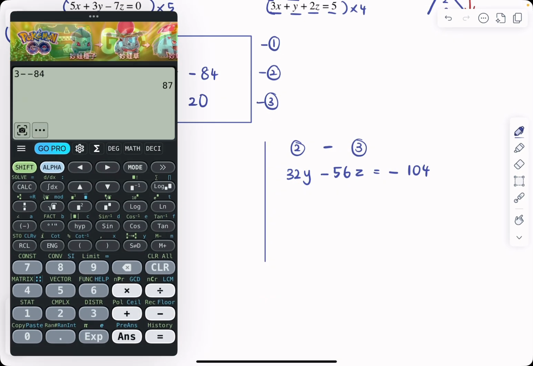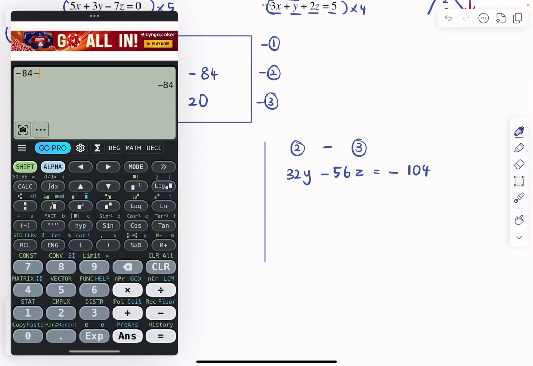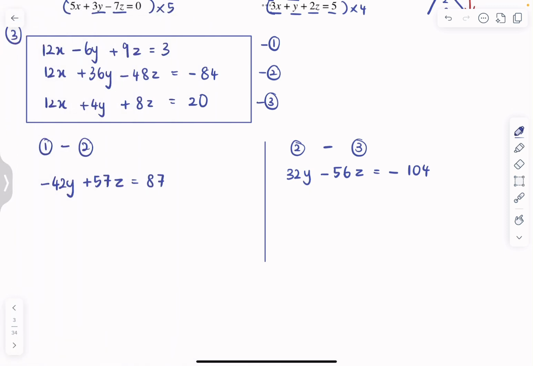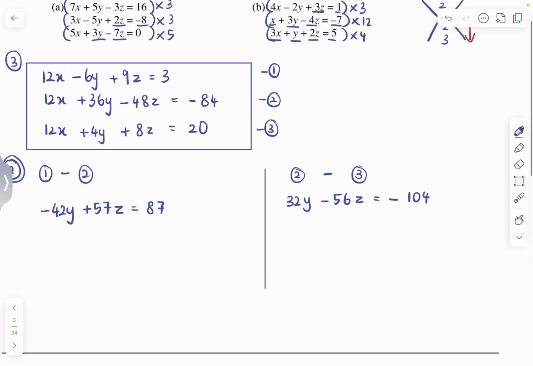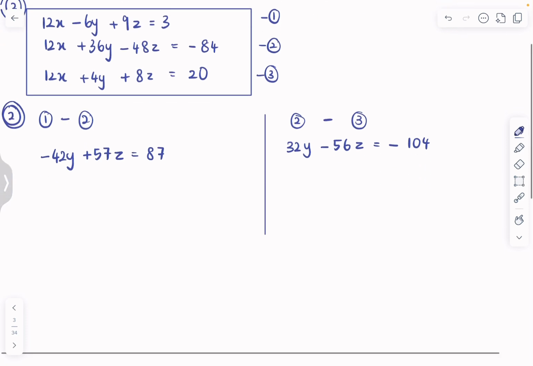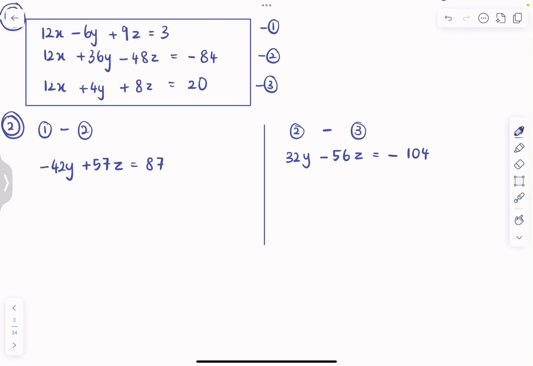Let's just double check. Negative 84 minus 20. Yeah, correct. Alright. So this is the second step. I put double circles so we know the double circle is just a step. Right, 3, 2 done.